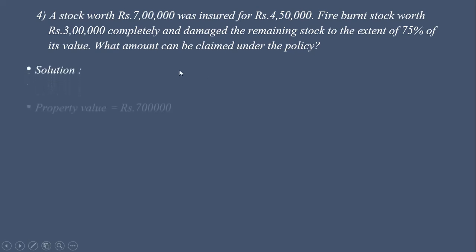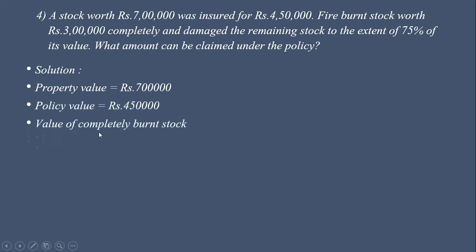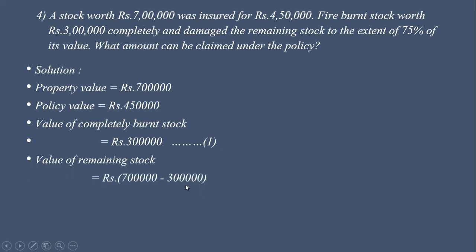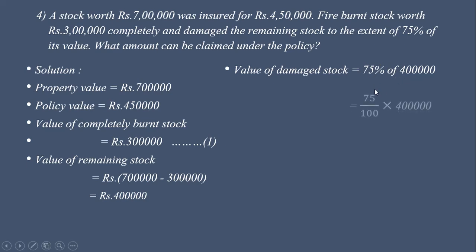So property value is equal to rupees 7 lakh, policy value rupees 4,50,000, value of completely burned stock is rupees 3 lakh. It is relation number 1. Now value of remaining stock is rupees 7 lakh minus 3 lakh. It is equal to rupees 4 lakh. Now value of damaged stock is equal to 75% of remaining stock, that is 75% of 4 lakh. So 75 upon 100 into 4 lakh, cancelling these two zeros, we get 75 into 4,000.